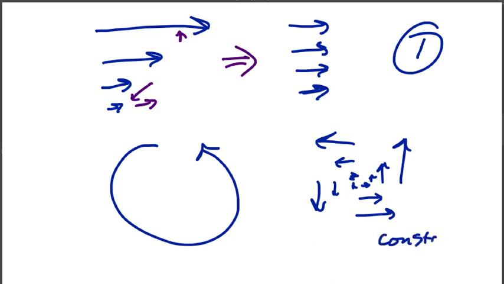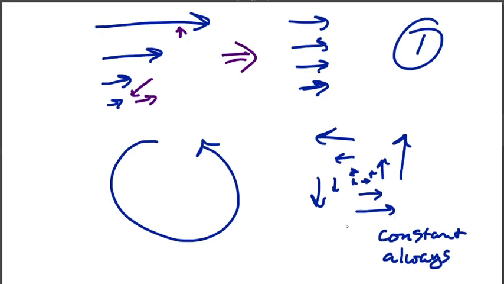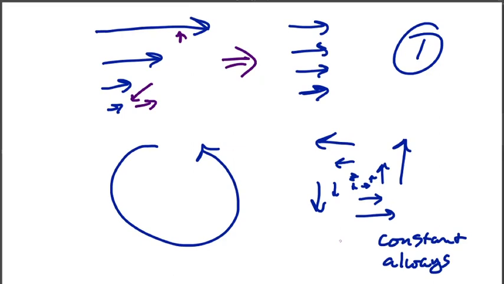Constant always. So our other terms in the stress tensor are acting to make sure that a flow like this stays constant always, that the sense of gradients of flow only picks up these linear gradients from something like a linear shear flow.